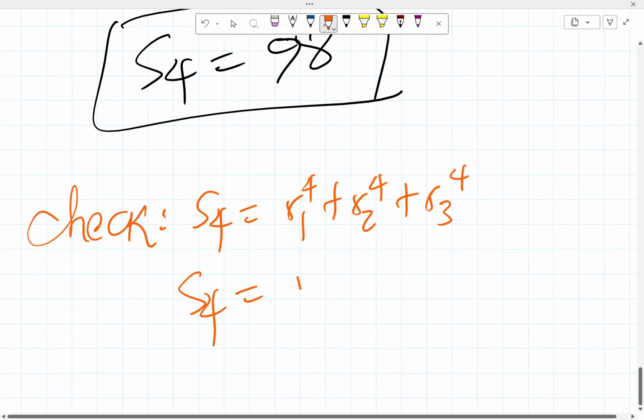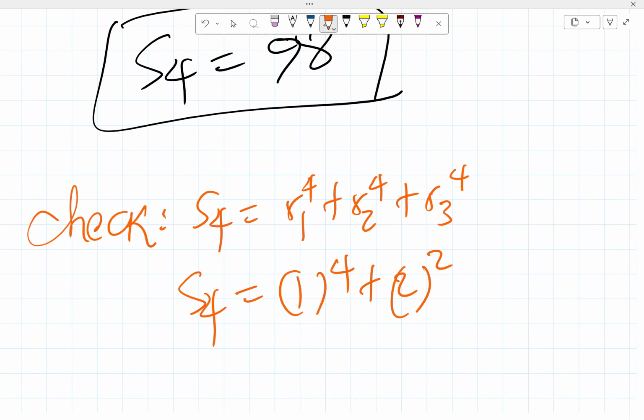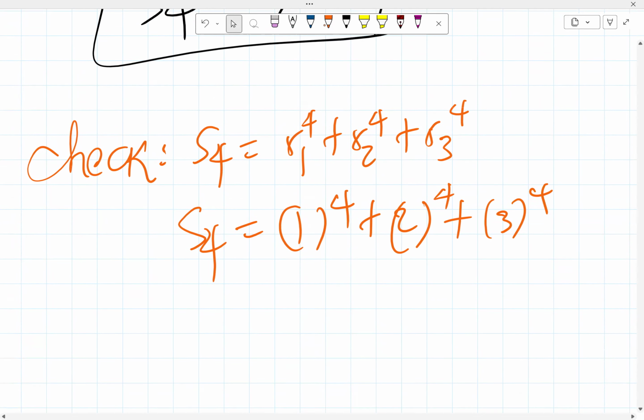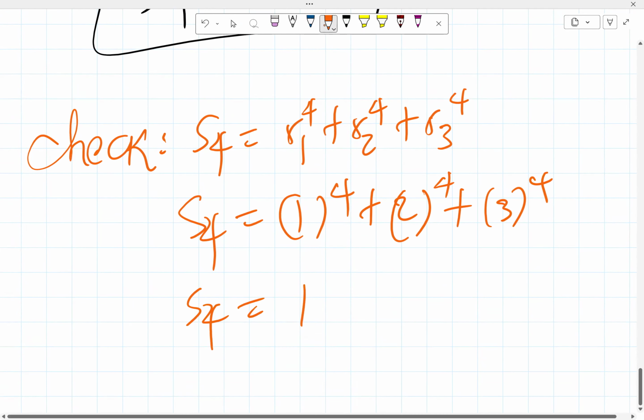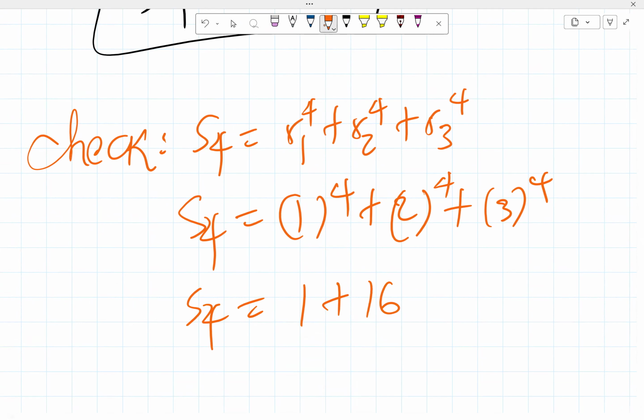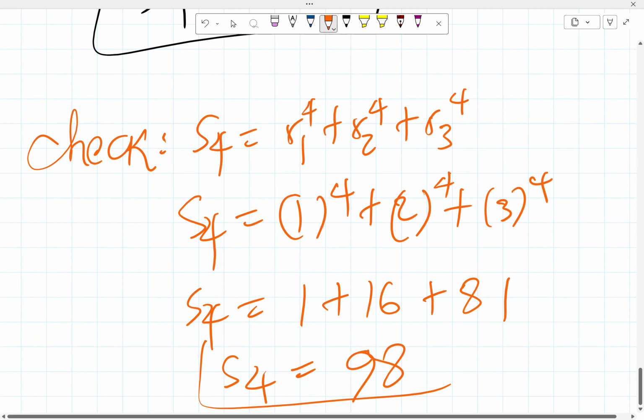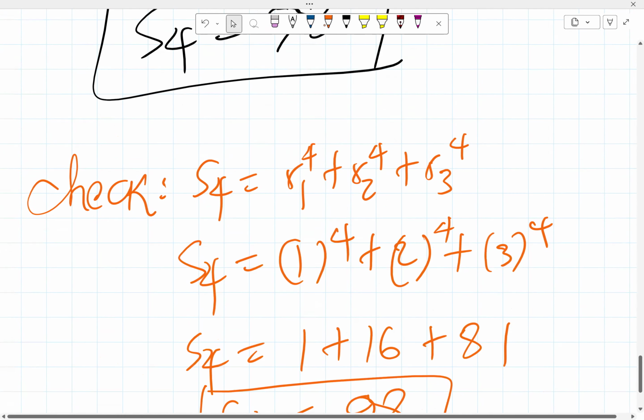We know the roots are 1, 2 and 3. So S4 is equal to 1 raised to power 4 plus 2 raised to power 4 plus 3 raised to power 4. That is 1 plus 16 plus 81, so S4 is 98. Okay, so everything is making sense. So the answer is 98.